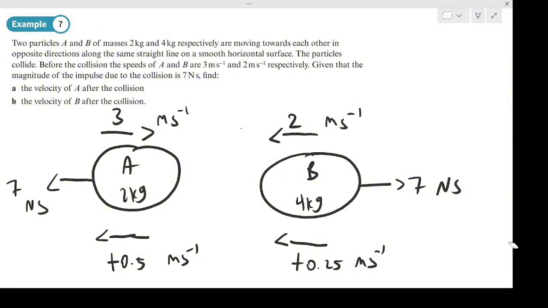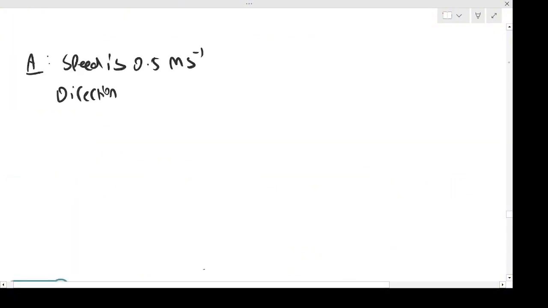If I compare it to what it was before, it's going forwards and then it's going backwards. So I can say that its direction is reversed. It's going in the opposite direction it once was. So I can say that the direction afterwards is reversed. And there we are. So that's my velocity, right?